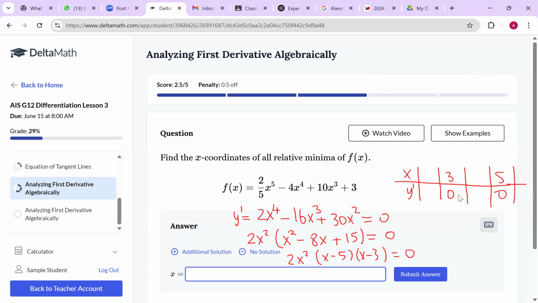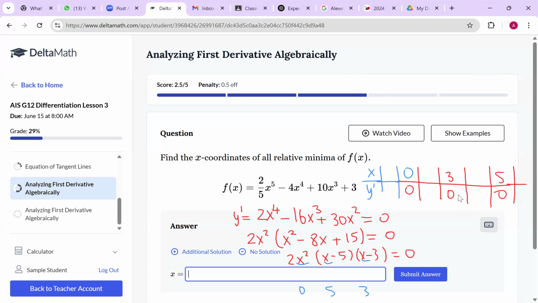Oh, excuse me, I'm sorry. We also have 0. So the values here of interest are 0, 5, and 3. So we actually have 3 values of interest here. So no worries, we'll just make a bigger table. Put here 0 as well. And y dash is 0 here as well.